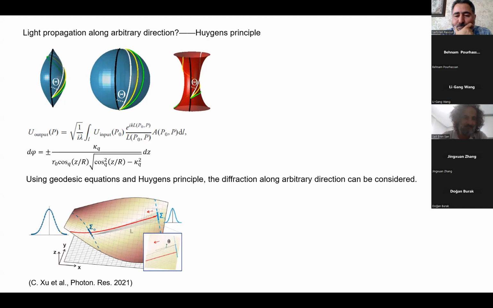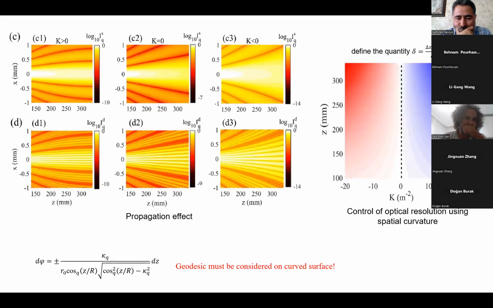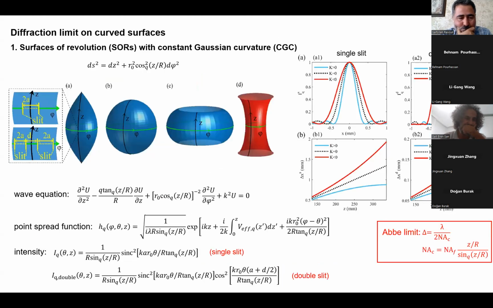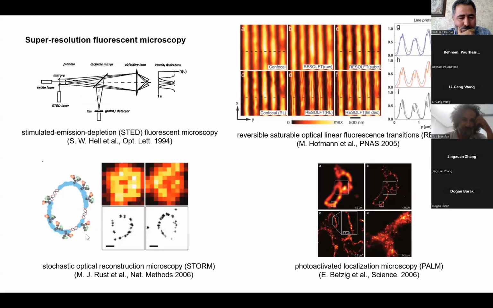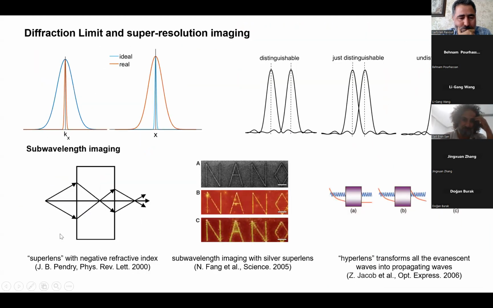You mean the Huygens principle can be applied to negative refractive index systems, such a material? Did you simulate something about that?